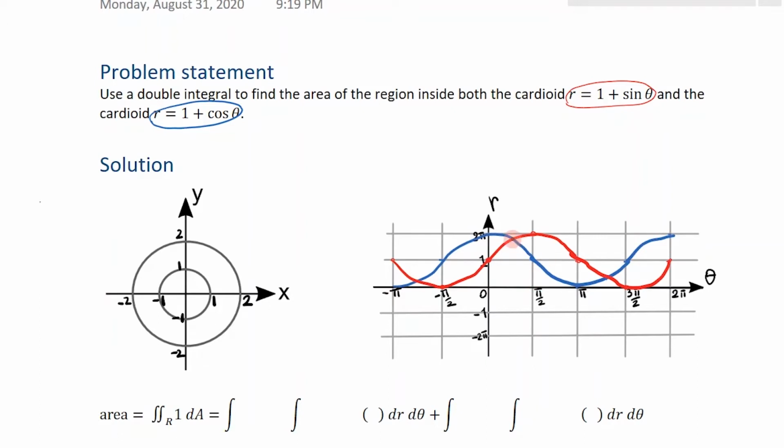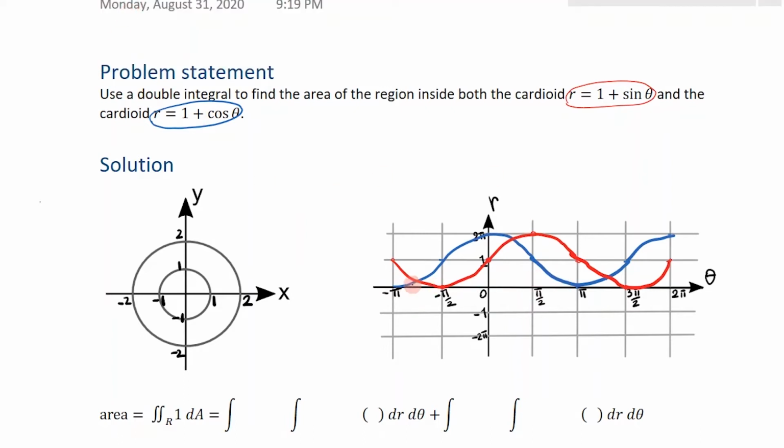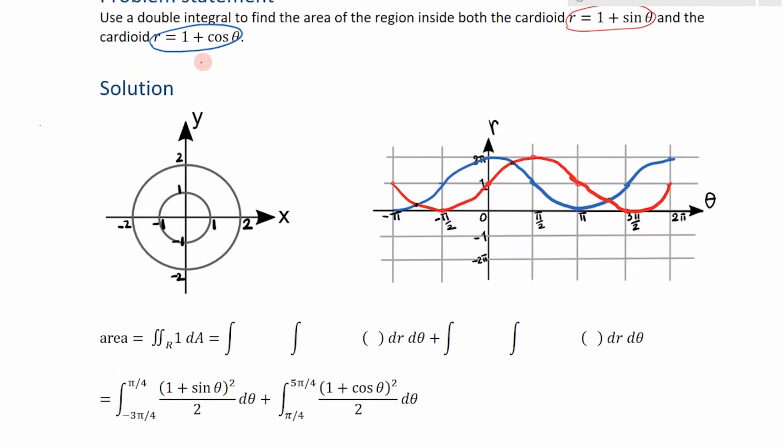Let's find the intersection points. In our case, the intersection points are not too difficult to find because r is positive for both cardioids. So there is only one way for the two curves to intersect, because things can get complicated if r can go negative, since they may not look like they're intersecting on the r theta plane.